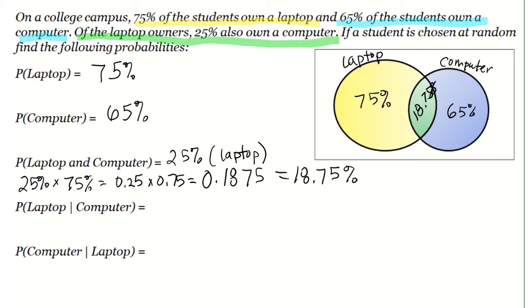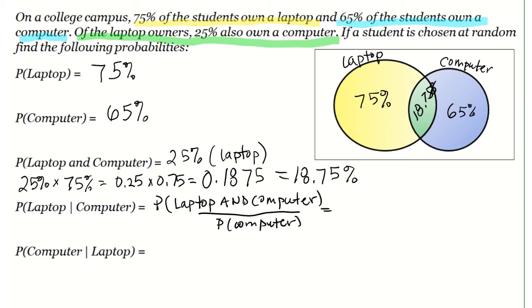So that's going to make solving my conditional problems a lot easier because now I've put my numbers into my Venn diagram. And if you'll recall, when I'm doing a conditional probability, I'm looking for the probability of the laptop and the computer divided by the probability of the computer.